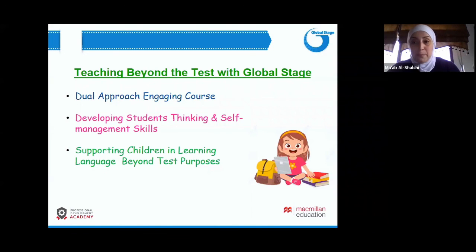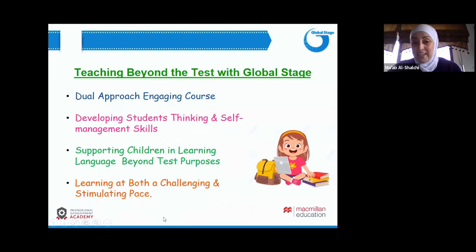It's not the paper test that is most important anymore, because we can support this test with so many other tests that are going on all the time. And so developing their thinking and self-management skills is what is going to support their learning beyond test purposes.